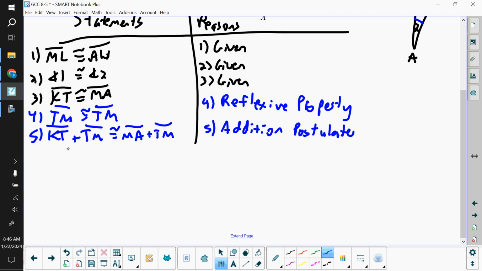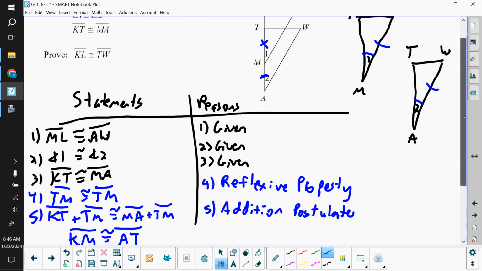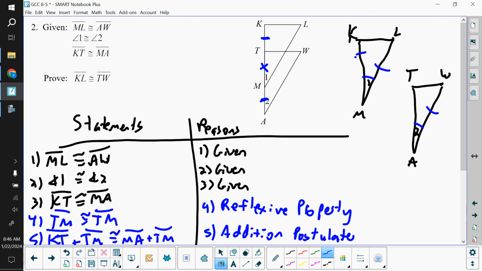And then we'll rename right in the same step. That's going to give us KM congruent to AT. And we'll mark KM congruent to AT in our picture off to the side.